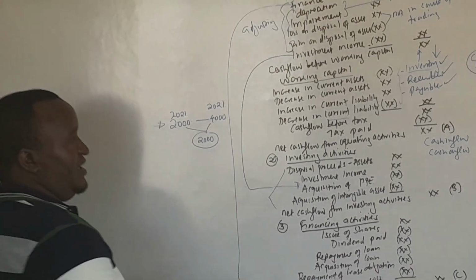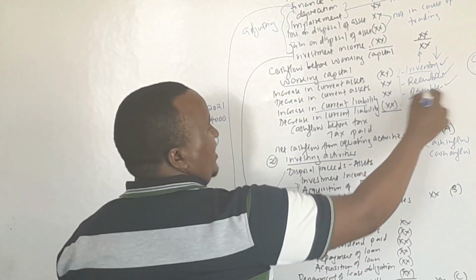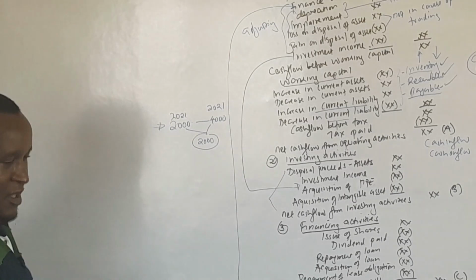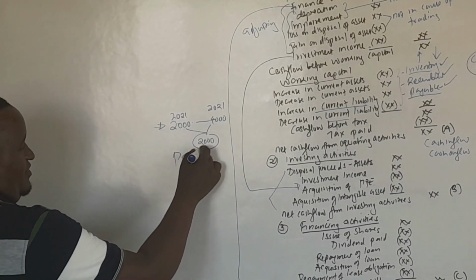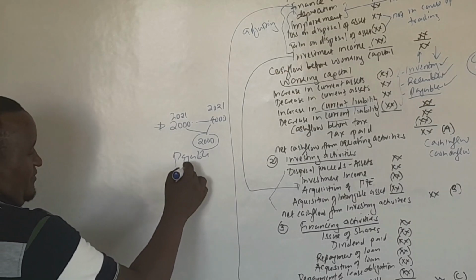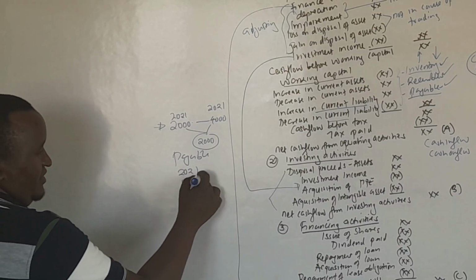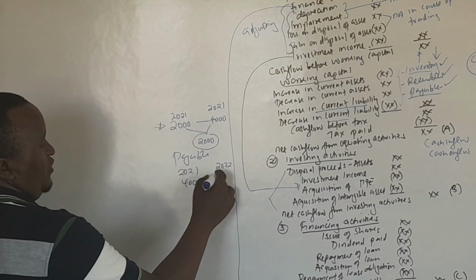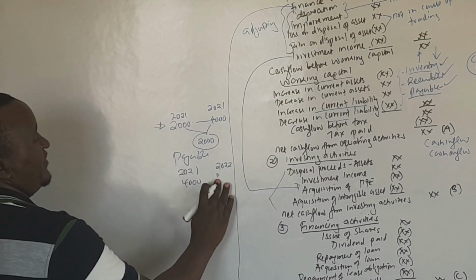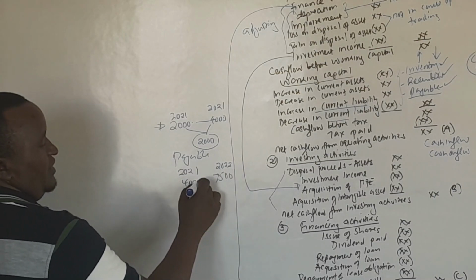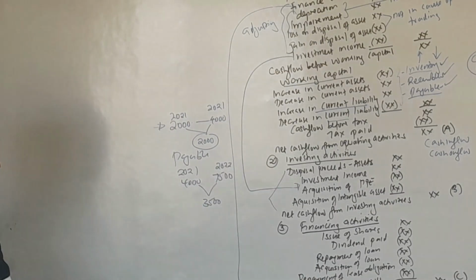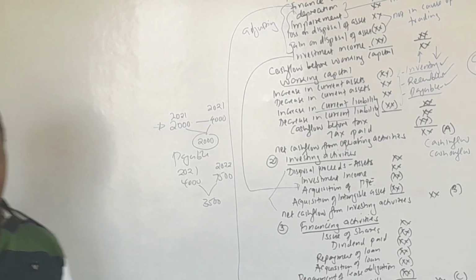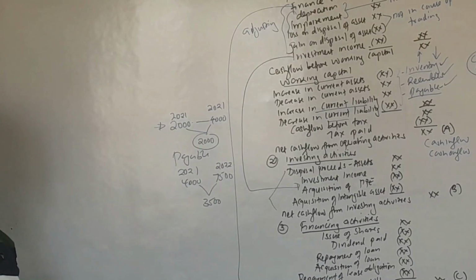The argument here for current liabilities in terms of payables: when the payable increases, assuming in 2021 we had a payable of 4,000, and in 2022 we have a payable of 7.5, it has increased by 3.5. So an increase in payable, is it an inflow or an outflow? An inflow.